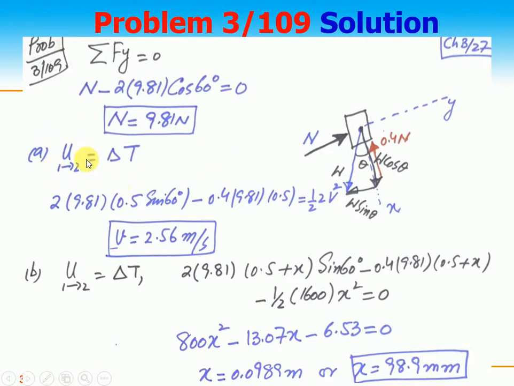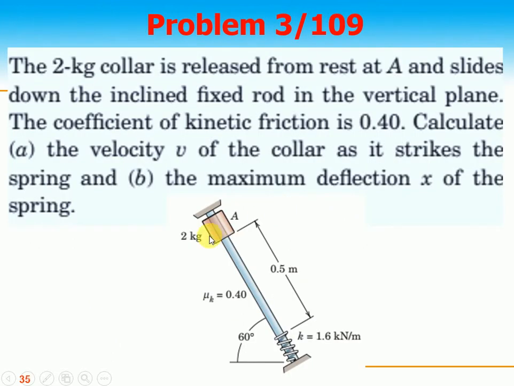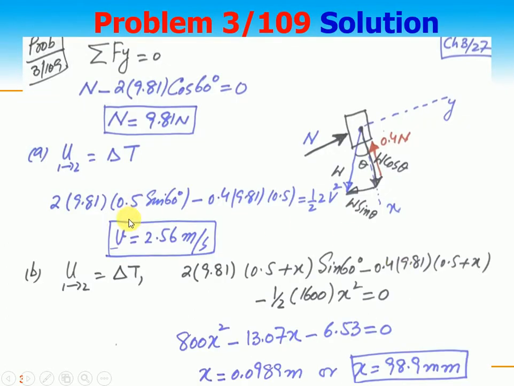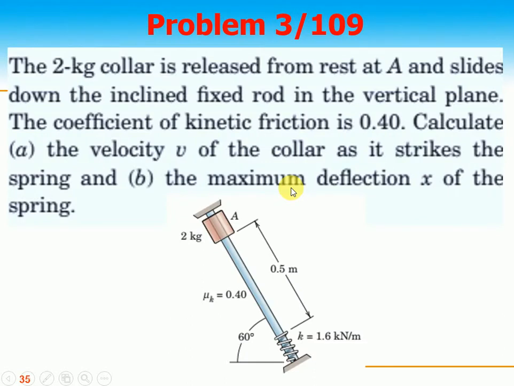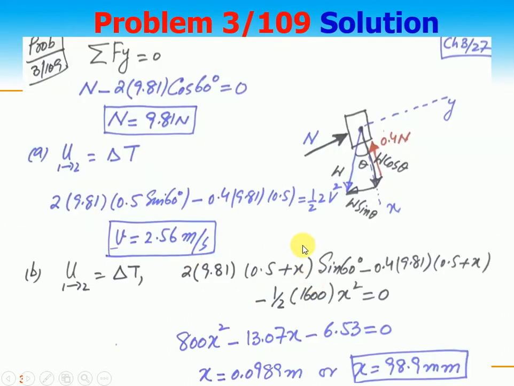So the change in kinetic energy is equal to the work done. In this case the work done is 2 times 9.8 times 0.5 sine of 60. Of course 2 kilogram mass, and this is the height. So mgh is 0.5 times sine of 60, minus the frictional force, which is 0.4 times 9.8 times the normal component, and the distance traveled on this slide is 0.5 meter, so this should be subtracted.